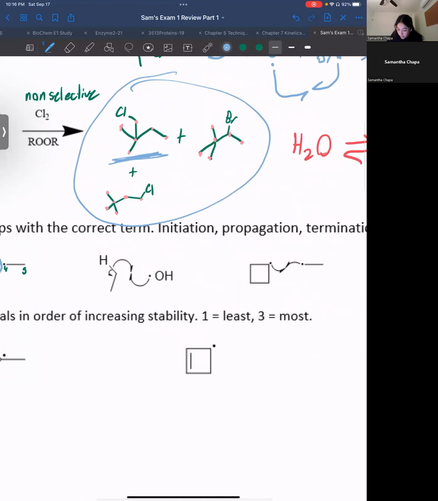This other one, we're forming a sigma bond because these two are pointing at each other, and we're breaking a hydrogen bond and making a new radical. So then one of my products is going to look like this. That's a primary radical.